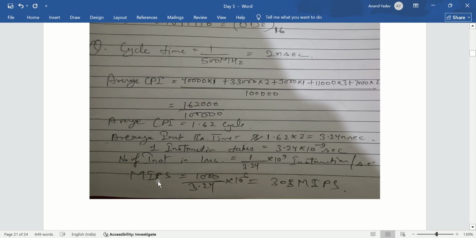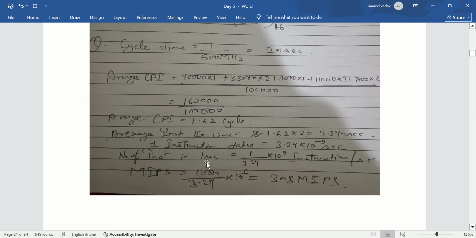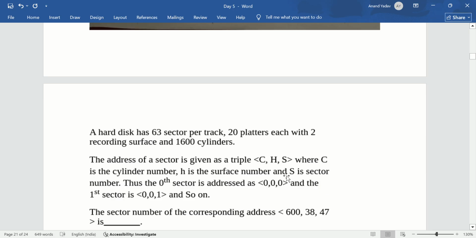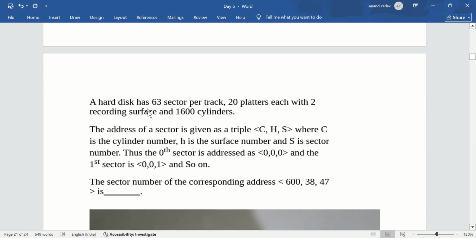For converting to millions of instructions per second, I will first convert to number of instructions in 1 second and then convert to millions of instructions per second. I will get 308.